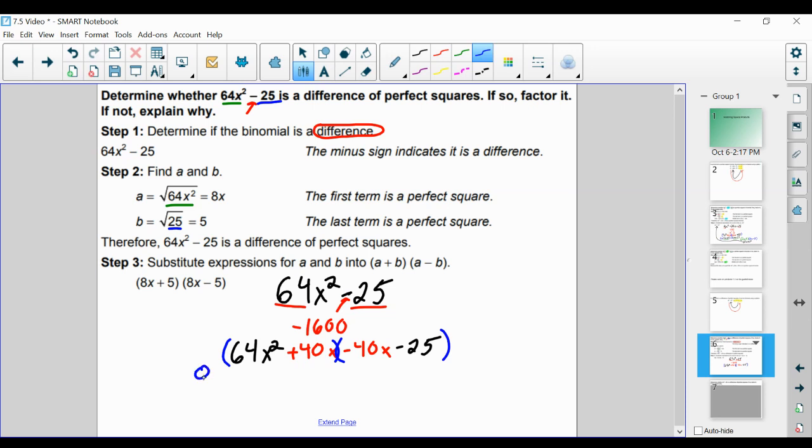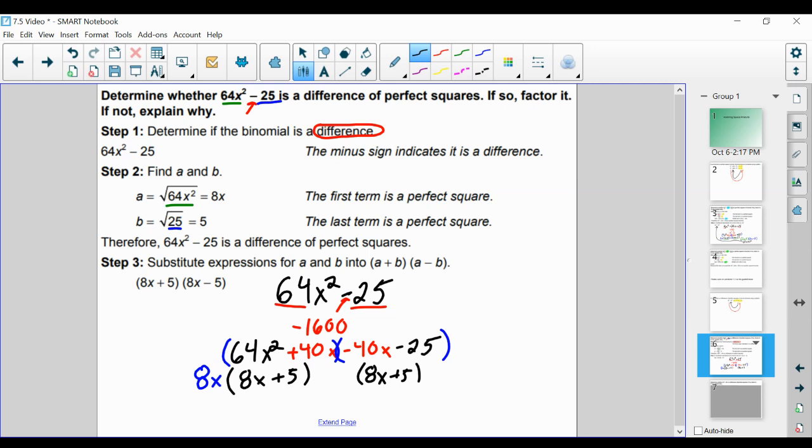I believe we can factor out 8x. When we do that, we end up with 8x plus 5. On the right-hand side, I want to get 8x plus 5, so I'm going to work a little bit backwards here. I know we're starting with negative 40x, and I need to get to positive 8x.